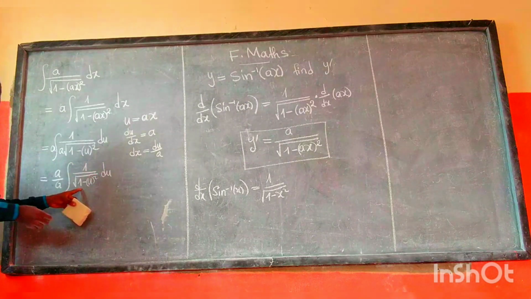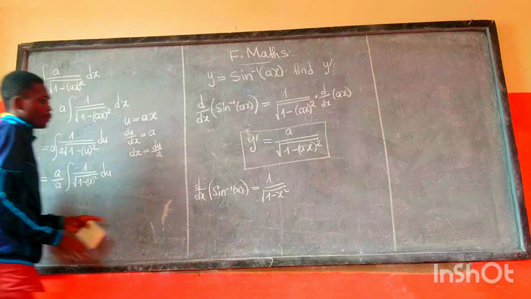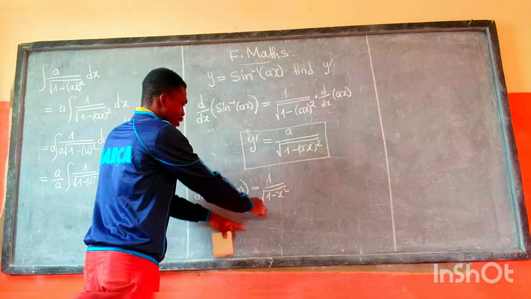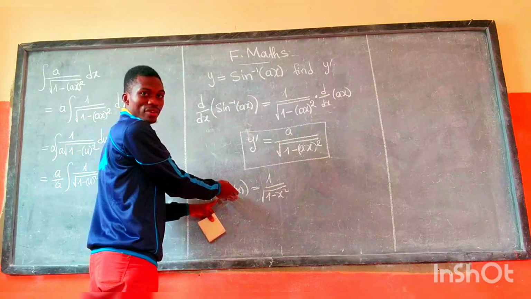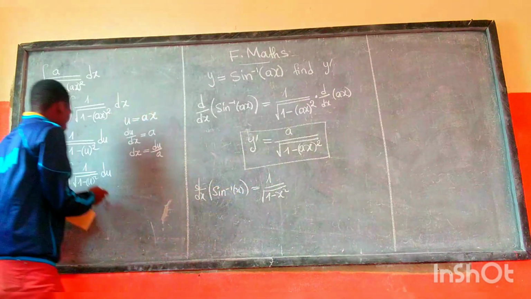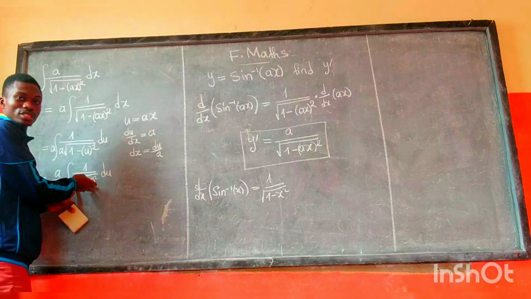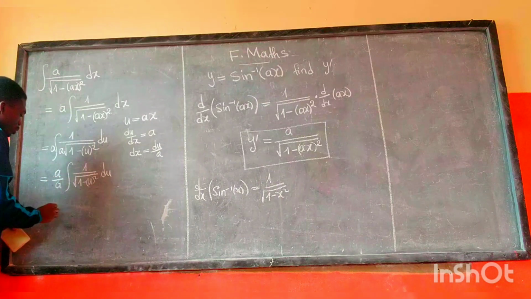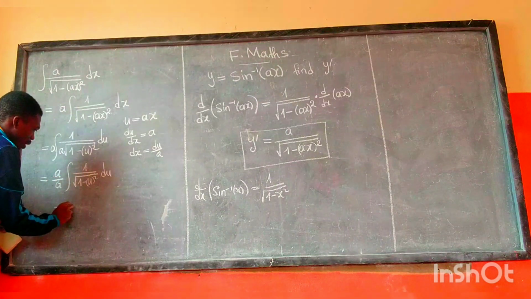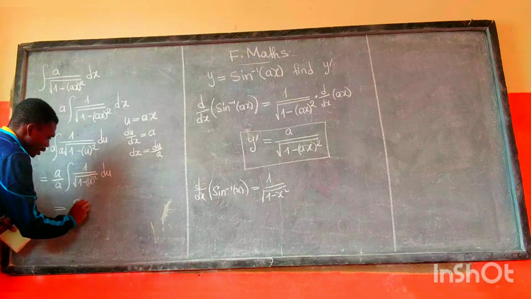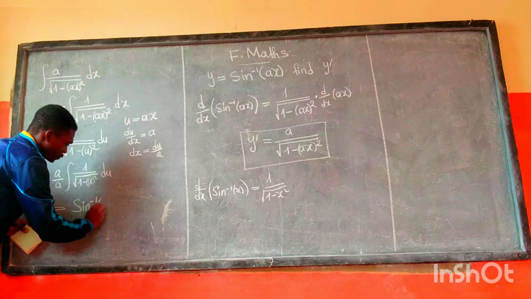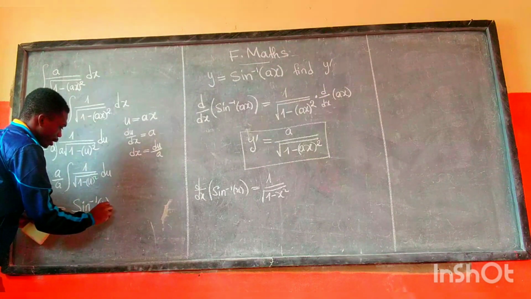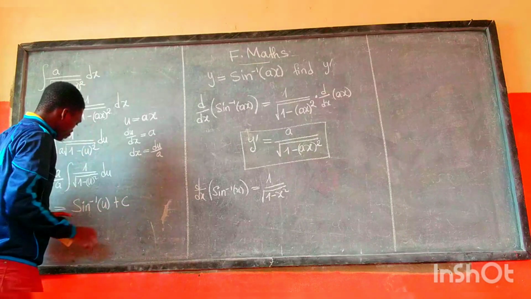So if you integrate this, you have sine inverse of u. And a over a is going to cancel off. And I'm going to have the sine inverse of u plus a certain constant.